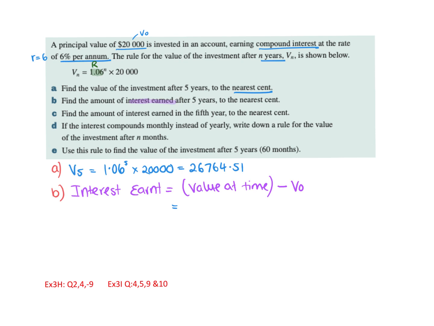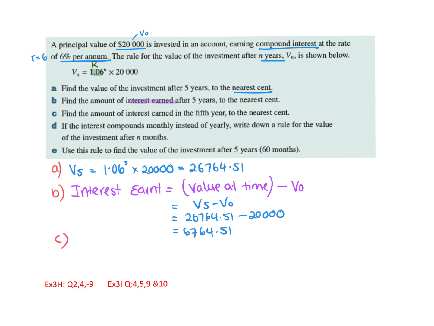So this one would be V5 minus V0. So it's going to equal 26,764.51 minus the 20,000. So how much interest they have earned by the end of 5 years is 6,764.51.